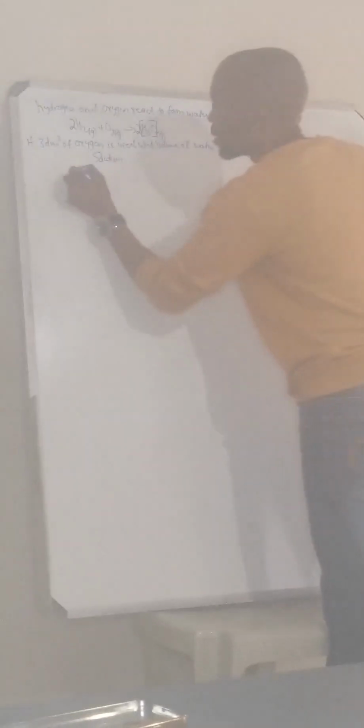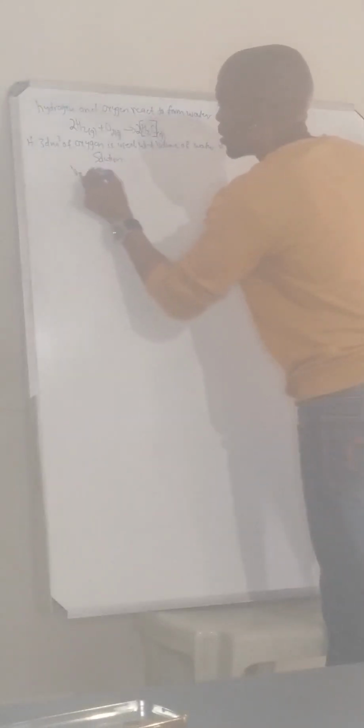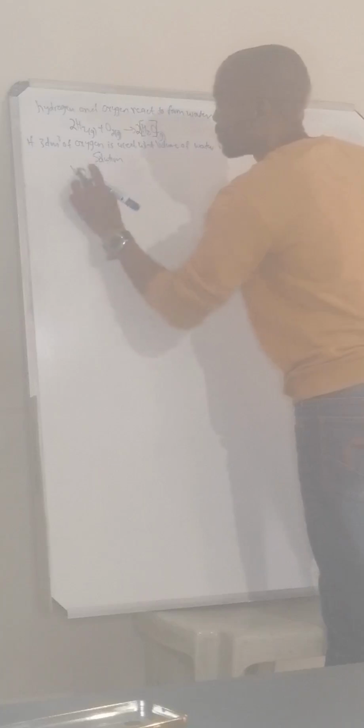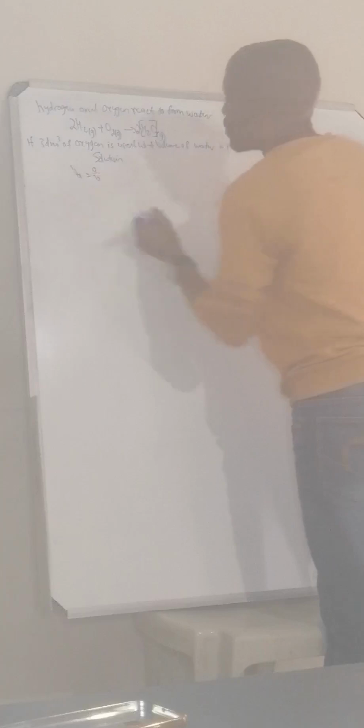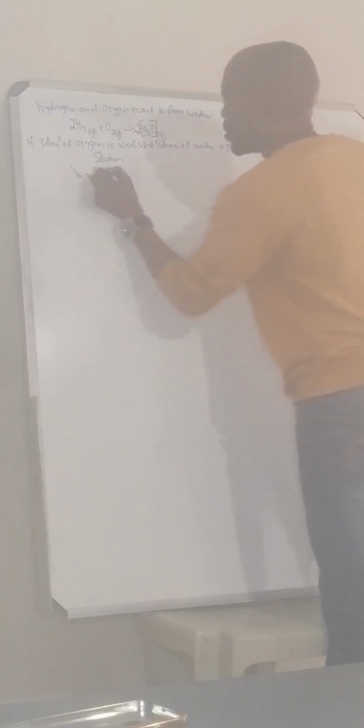Secondly, I introduce a formula: VA equals A over B, VB. Here we use the volume and the stoichiometric factors. A and B, those are the coefficients.